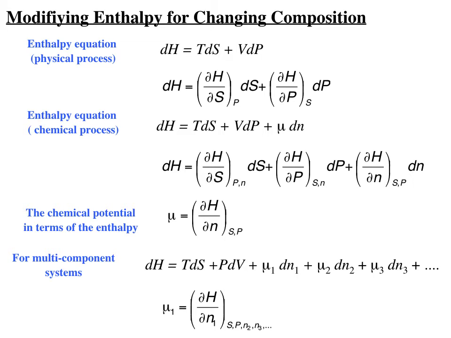So the third line down is the increment of enthalpy change in chemical reactions. The first line is the increment of enthalpy change in physical processes.